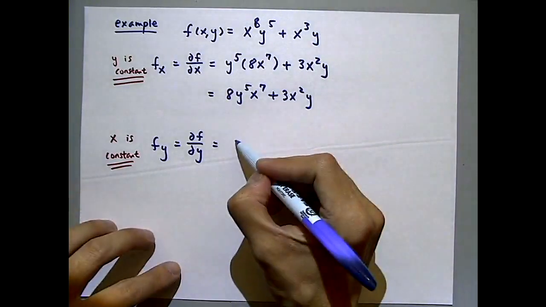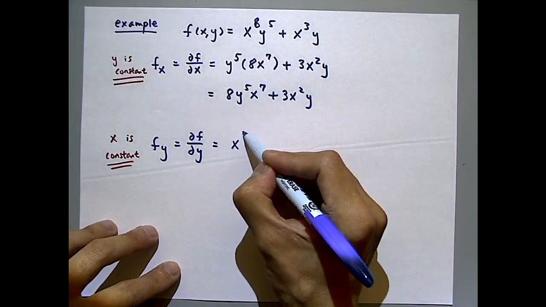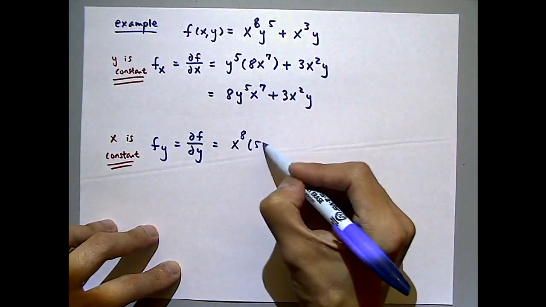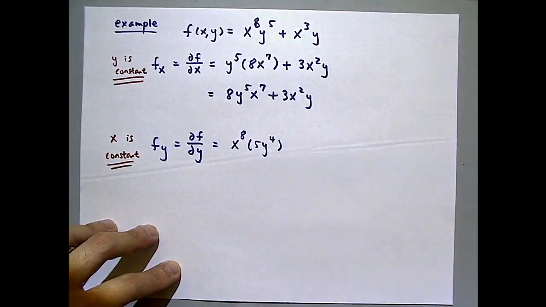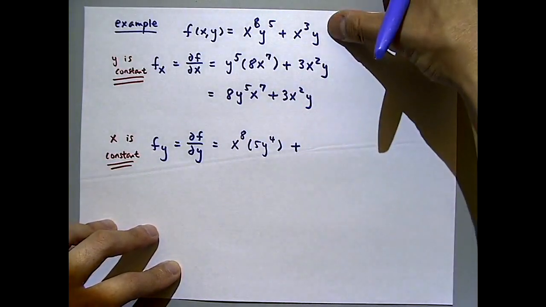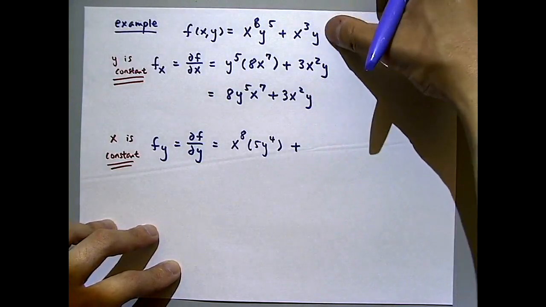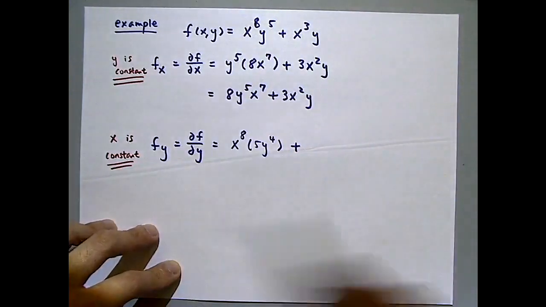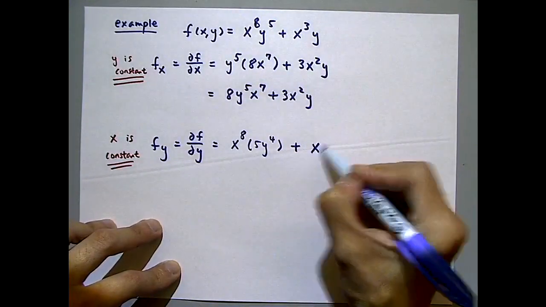So the constant multiple doesn't do anything. The derivative of y to the 5th is 5y to the 4th. Here we have a constant times y. The derivative with respect to y is simply that constant in front of y. So we get x to the 3rd.